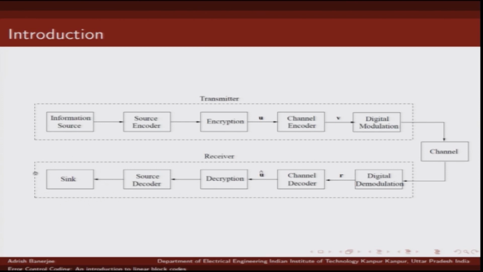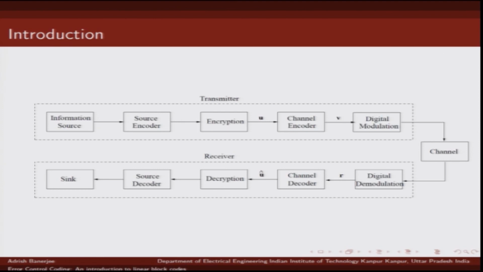That is, in a nutshell, the broad block diagram of a digital communication system. You can see that in this course we are interested in this block, and of course, we are interested in this block as well, because our error control coding strategy depends on what sort of channel we are sending our information bits over.